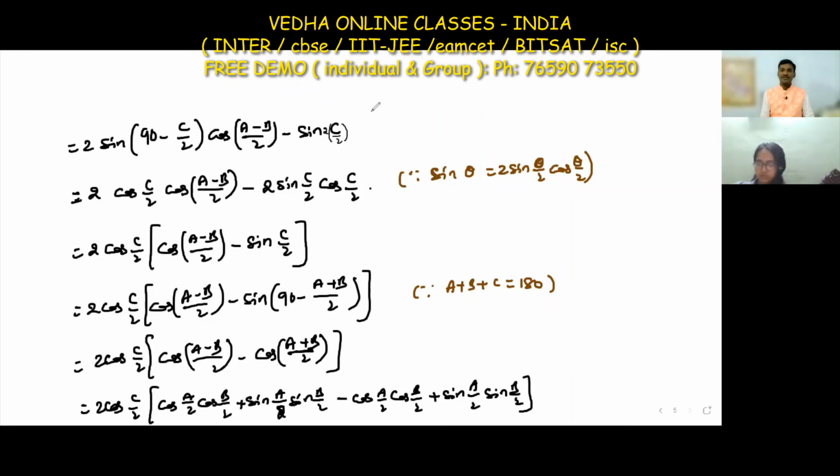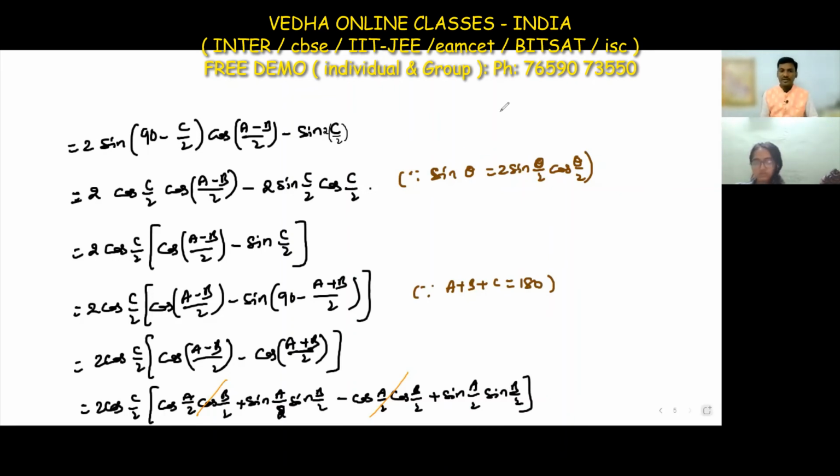So here we can cancel the first part. When we have the negative sign outside, always we cancel the first part and we get the second part. Sin A by 2 plus sin A by 2 is 2 sin A by 2.